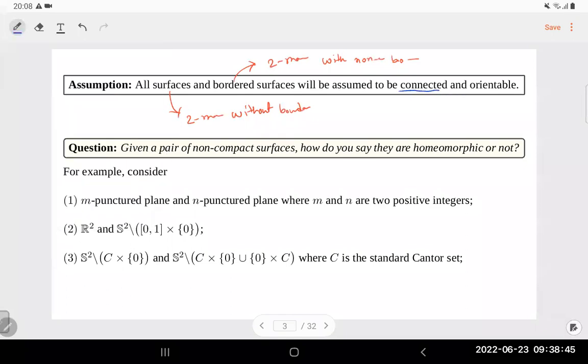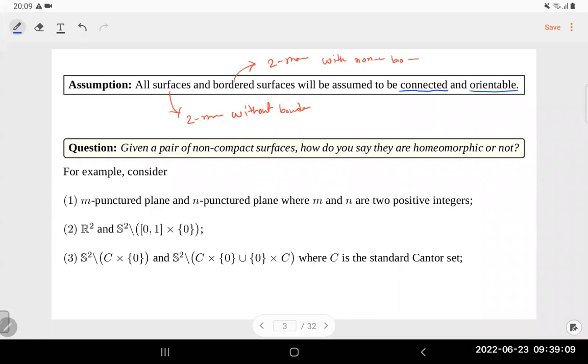You can drop this assumption, you just need to consider it component-wise. And you can also drop the assumption of orientability.